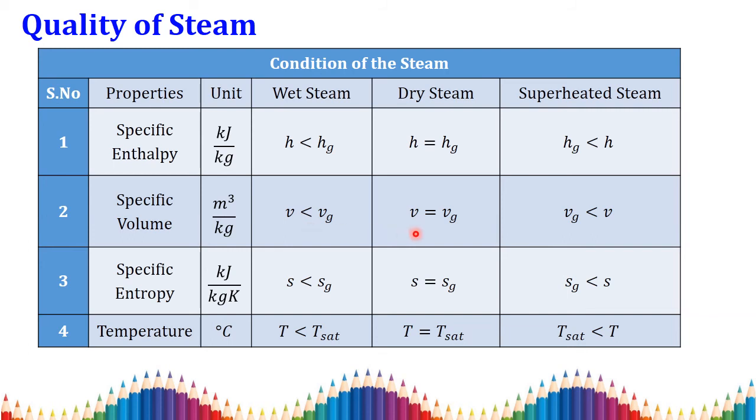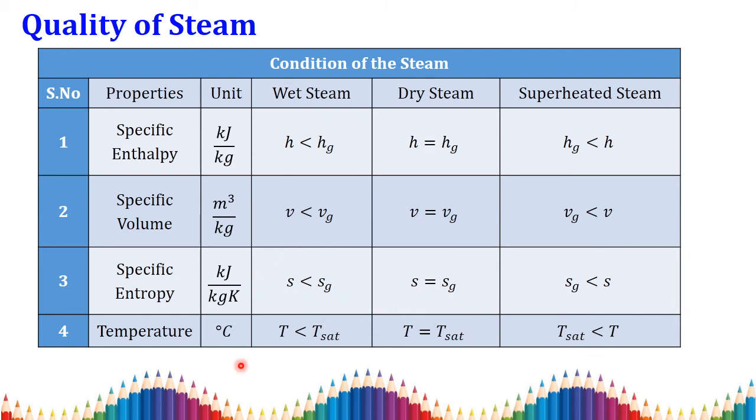When the given specific volume and the saturated specific volume of the gas are equal, it is called dry steam. When the saturated specific volume of the vapor is lesser than your given specific volume, then it is called superheated steam. The same condition applies for specific entropy also.